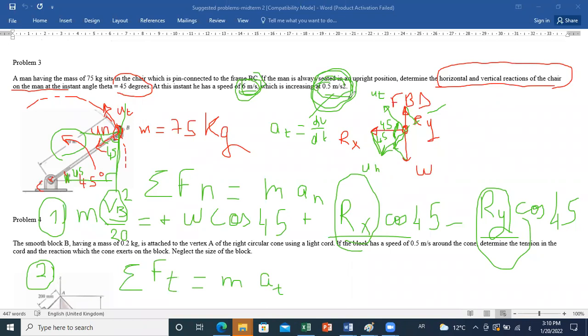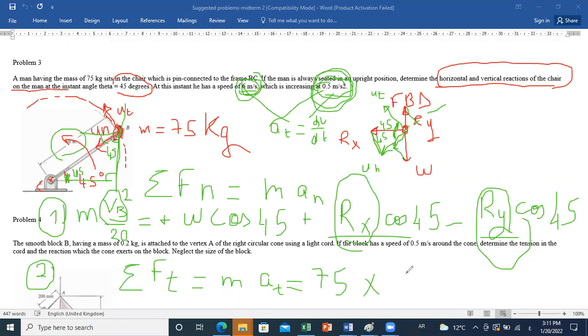0.5. And if it was decelerating, everything will change. So these values will impose the reactions Rx and Ry. Now I just replace AT by its value, which is 0.5, and the mass by 75. So this is equal to 75 times 0.5.